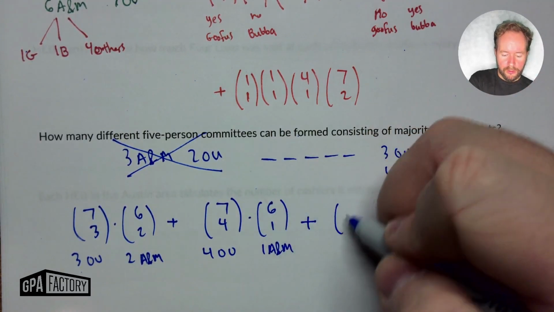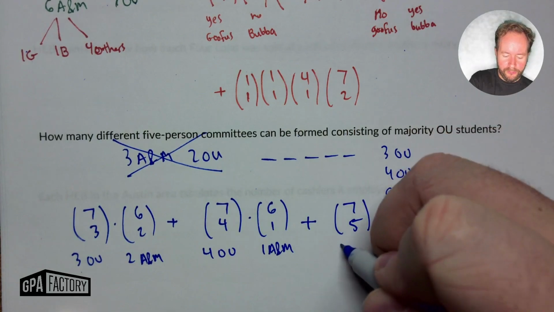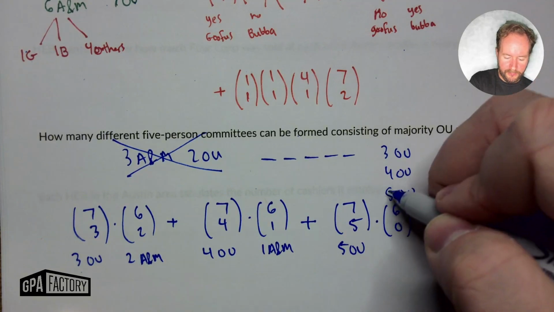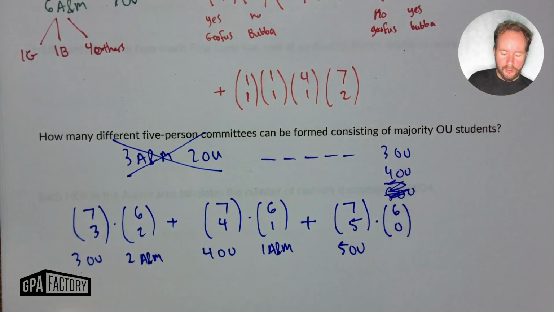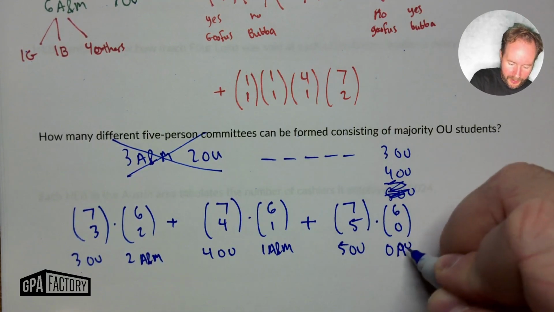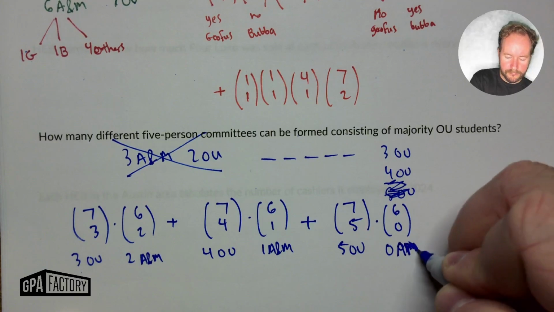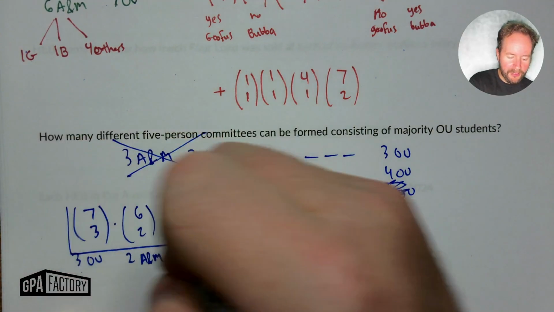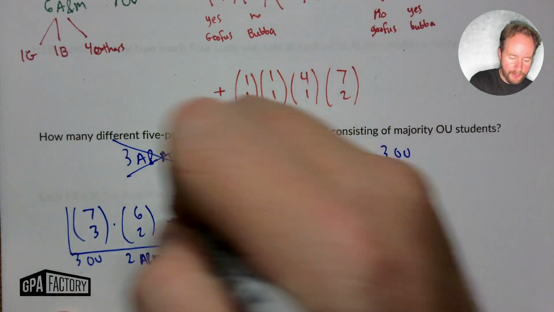Or we have only OU students and 0 A&M students. That's an A&M, believe it or not. This would be your answer to how many different committees can be formed where a majority of them are OU students.